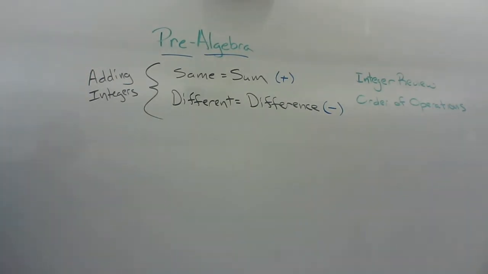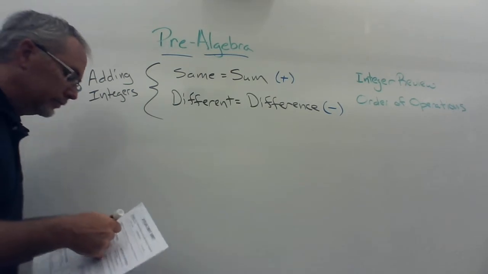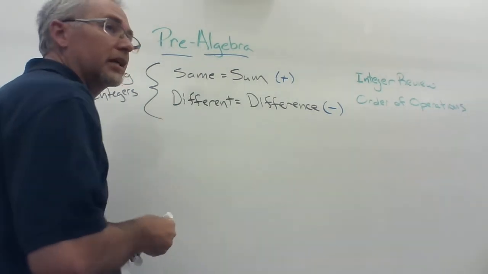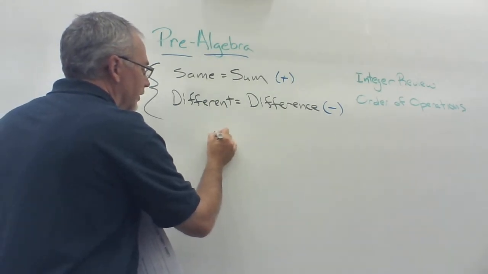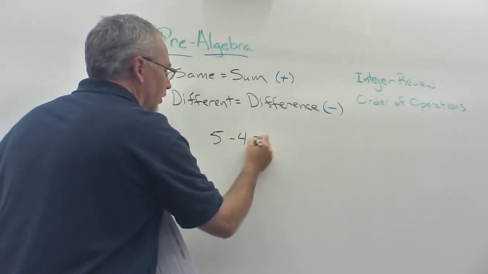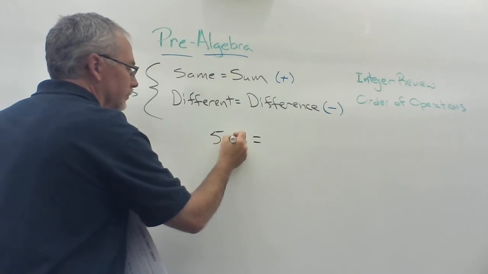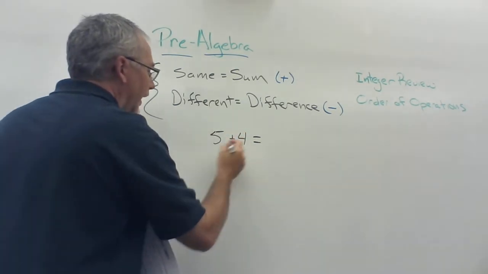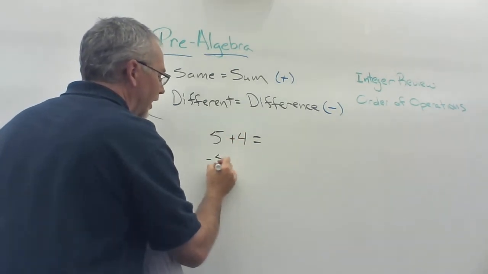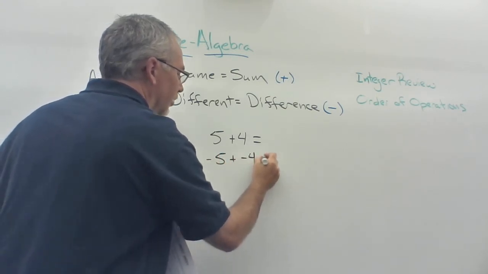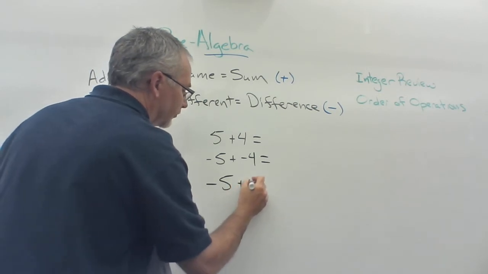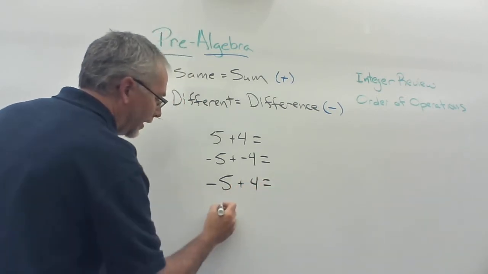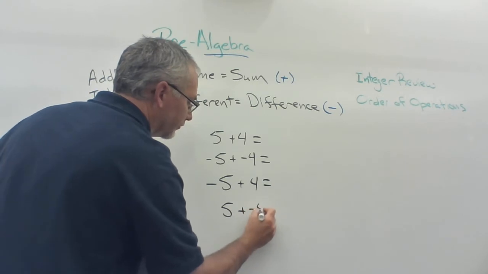And so what I can do is I can take any addition problem when it includes integers. So for example, if I have 5 plus 4, I have negative 5 plus negative 4, I have a negative 5 plus 4, and I have 5 plus negative 4.